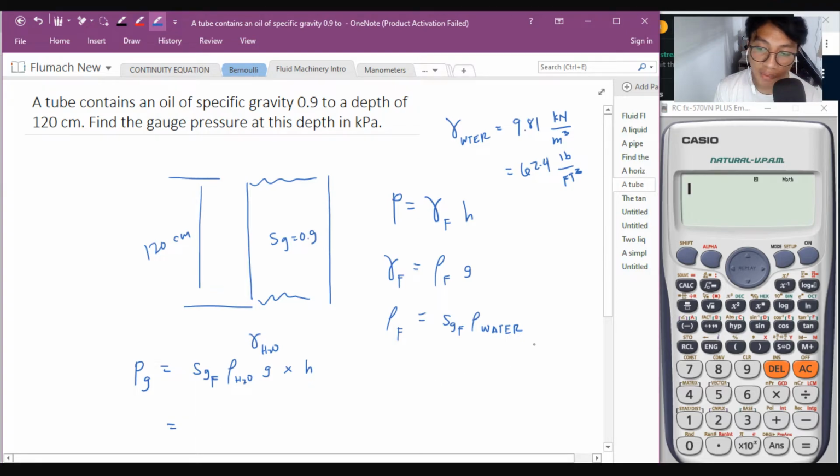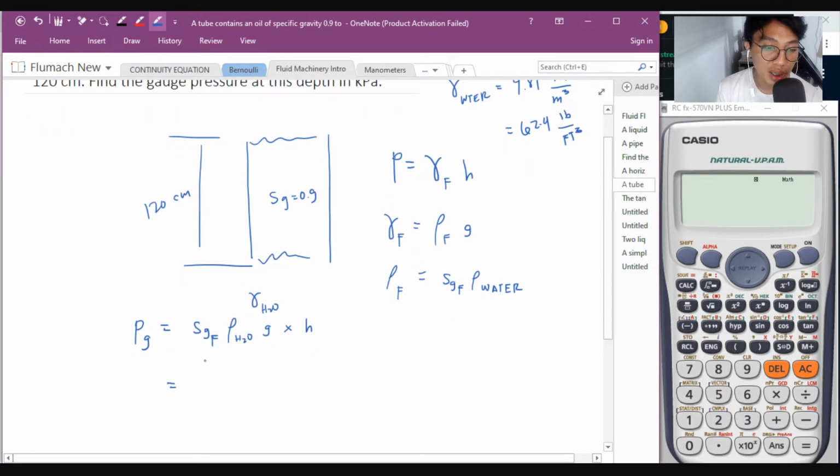So, the specific gravity of the fluid is 0.9 multiplied by 9.81 kilonewton per meter cube multiplied by, wag nyo nang i-consider yung gravity, nandito na yan, multiplied by the height na meron ka dyan. Ano yun? 120 cm. Hindi makakancel si meter cube para maging kPa.